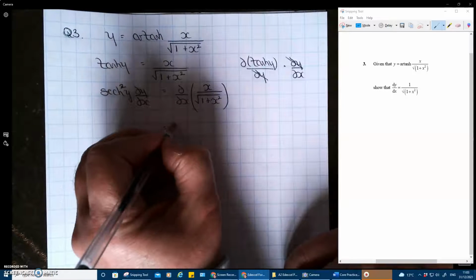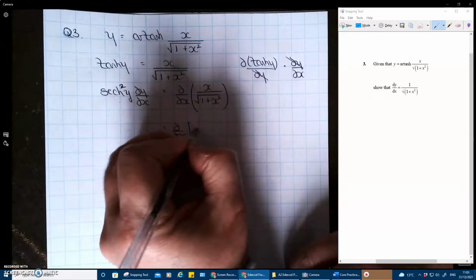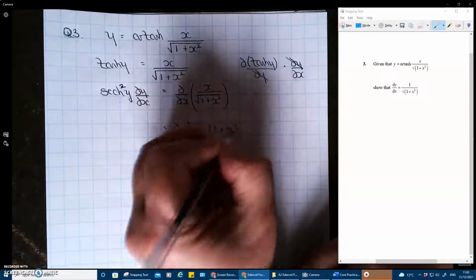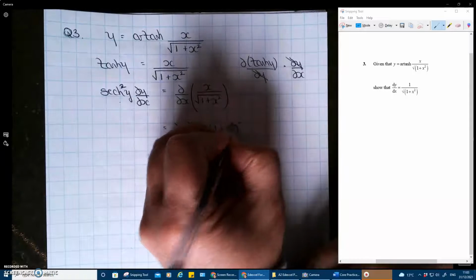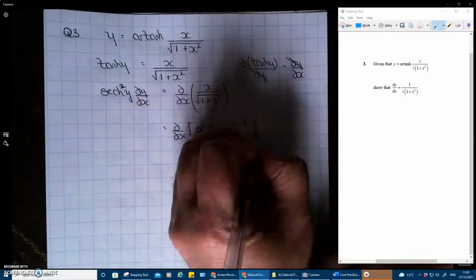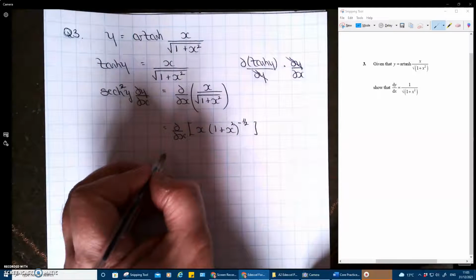So this side is a differential of x times 1 plus x squared to the minus half. Okay, could use the quotient rule. I'm going to use a product rule, not sure. Generally I would suggest, because it's a quotient, you'd use a quotient rule. I may be making all work for myself here, but anyway.